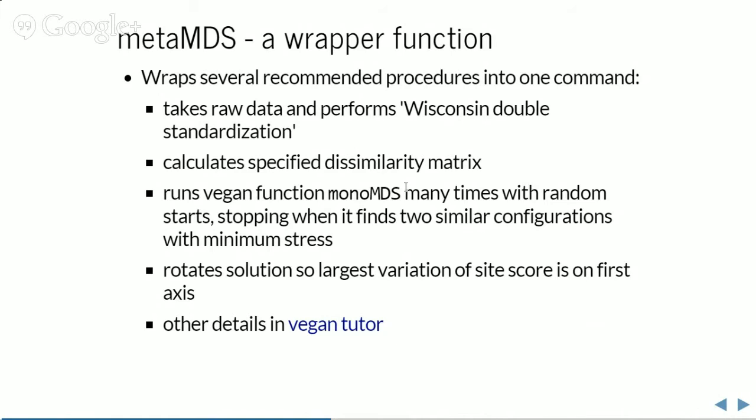It does that as many times as it needs to until it finds two similar configurations with a minimized stress value. And then it rotates the solution so that the largest variation of site score is on the first axis. There are some other details that you can look into in the vegan tutorial, but that's the basics.